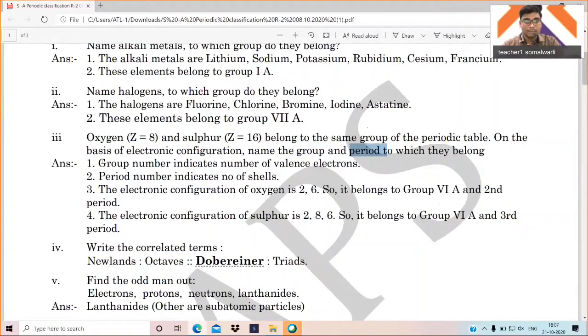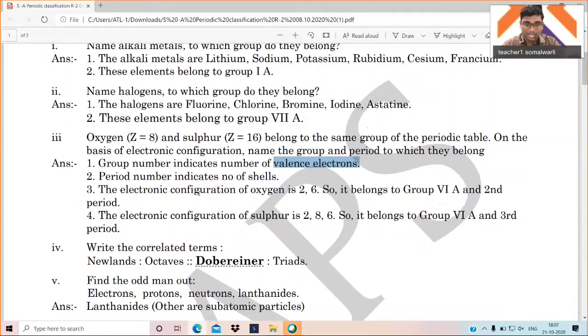The number of electrons in the outermost shell defines the group number, and the number of orbits always represents the period number. Group number indicates the number of valence electrons, meaning whatever the number of electrons in the outermost valence shell, that is the group number.